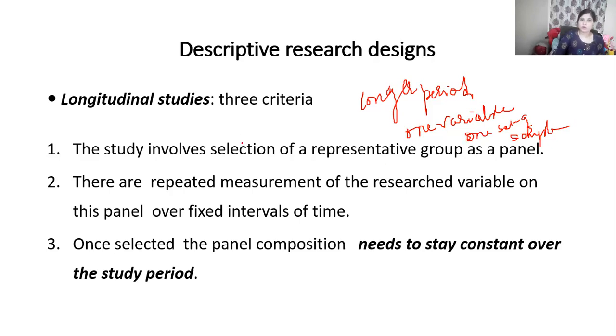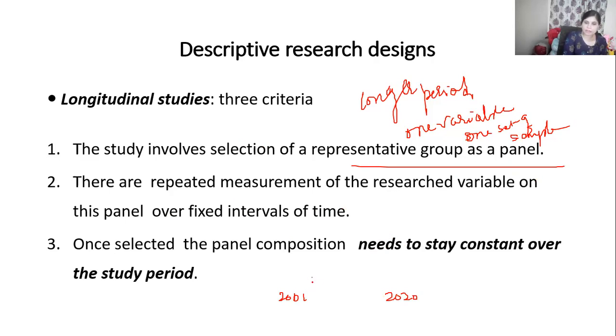Okay, so it involves a representative sample, and it is for a longer period of time. For example, from 2001 to 2020, if somebody is conducting research, he'll conduct research at regular intervals of time.